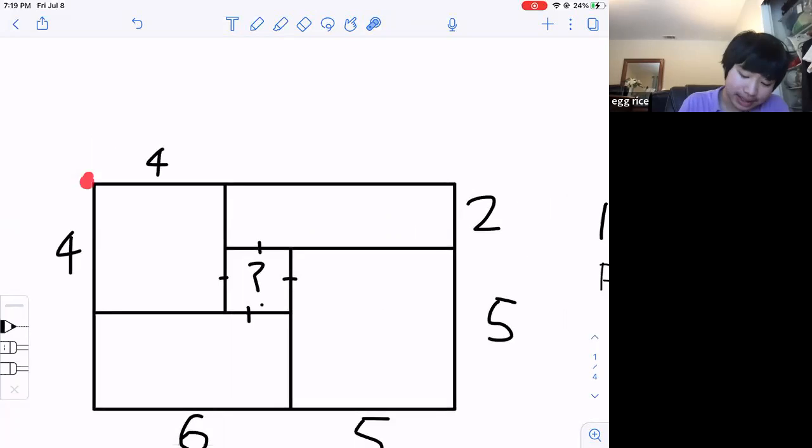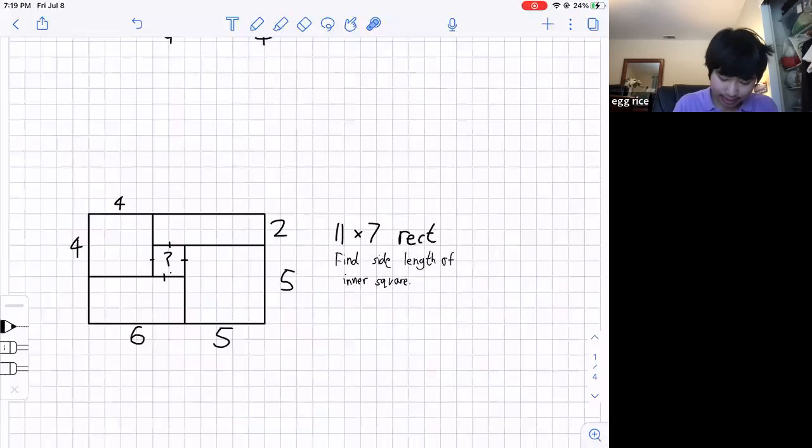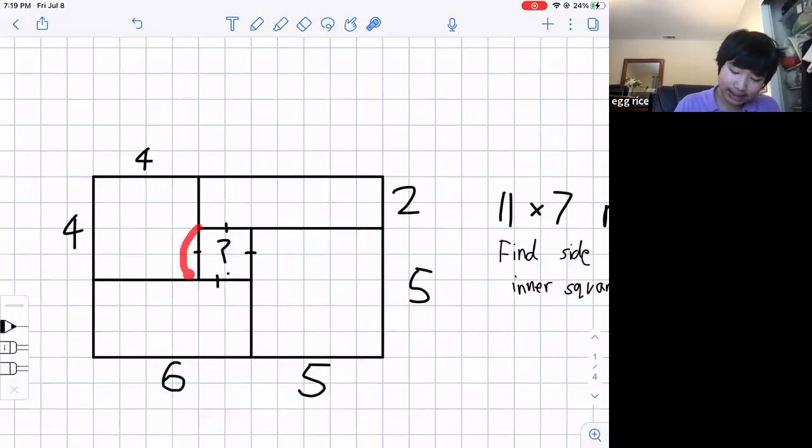Basically this length, similar to what we did before, minus this length has to equal this length, because as it's a rectangle, this length right here is the same as this length. And thus for this total length 4 minus this length 2 must yield this one, which is in fact 2. And why don't we check that with the grid? Yep, we can see that it is indeed a 2 by 2 square.